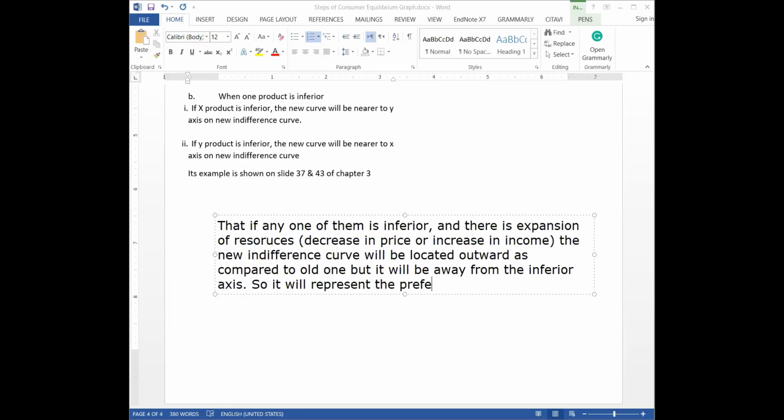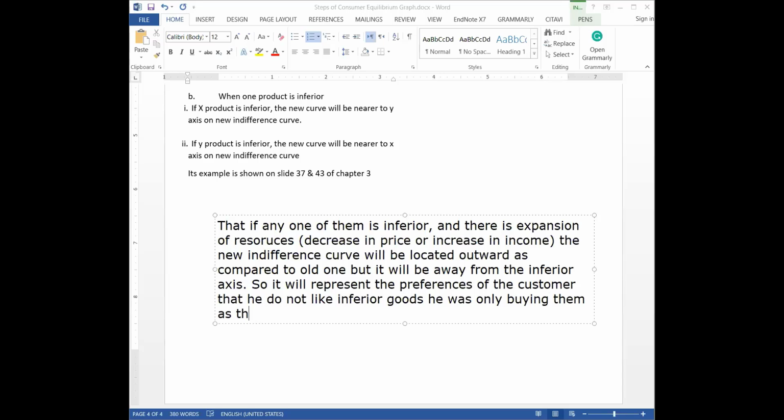the preferences of the customer, that he does not like inferior goods. He was only buying them when he was poor.